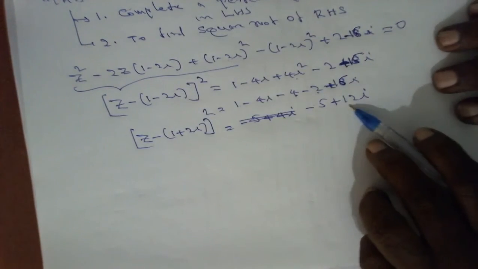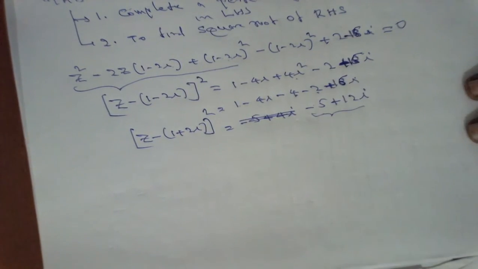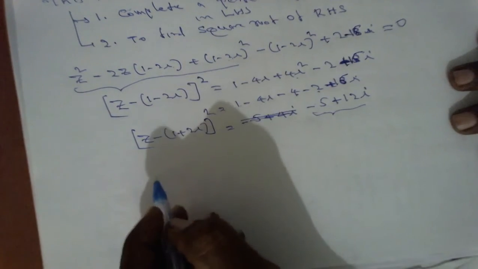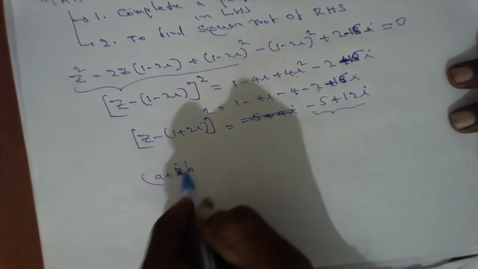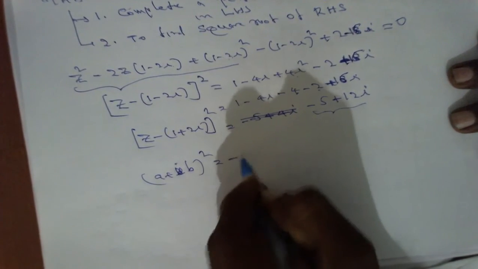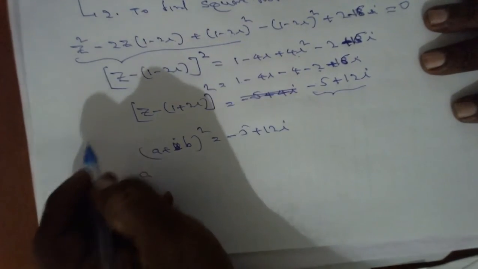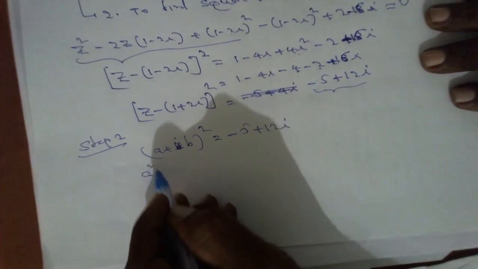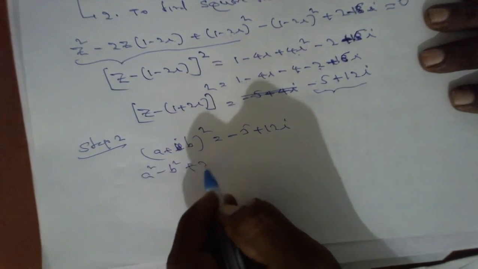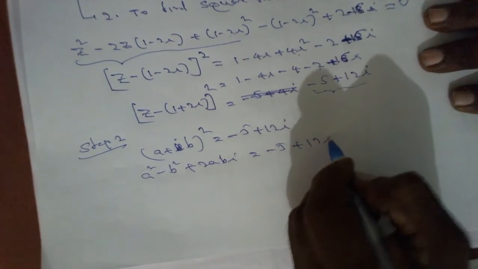This side equals minus 5 plus 12i. Then you have to find the square root of this one. How do you find the square root of this one? You just take (a plus ib) whole thing squared equals minus 5 plus 12i. Then it is step 2. a squared minus b squared plus 2abi equals minus 5 plus 12i.